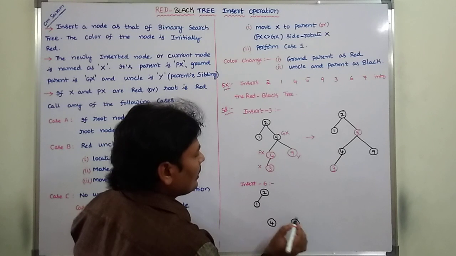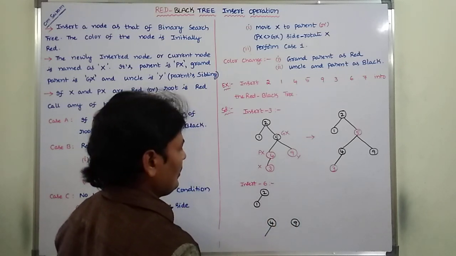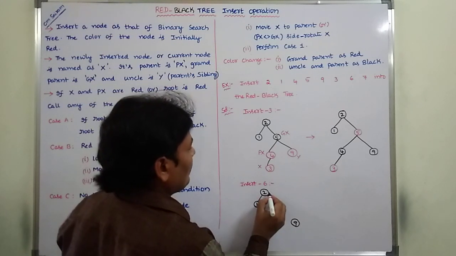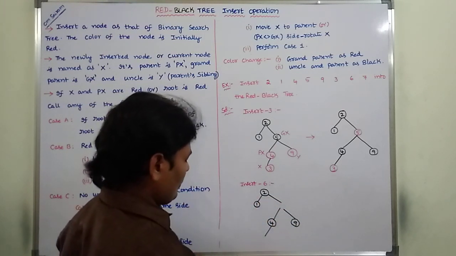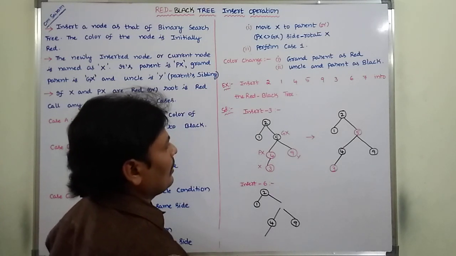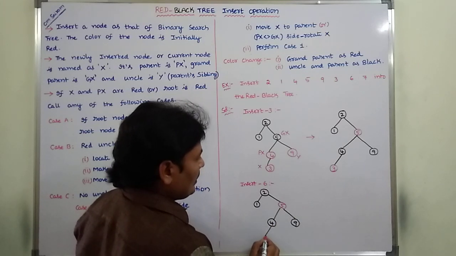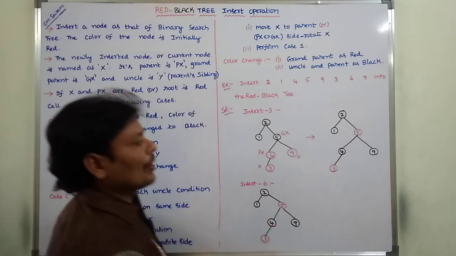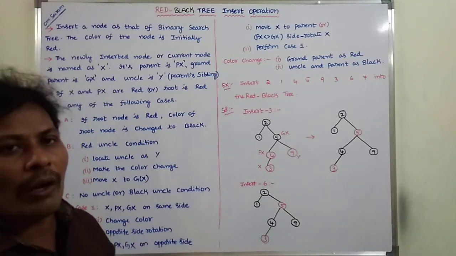This is 9. Okay. This is 5 and this is 3. Okay. Before inserting node 6, this is the red black tree.